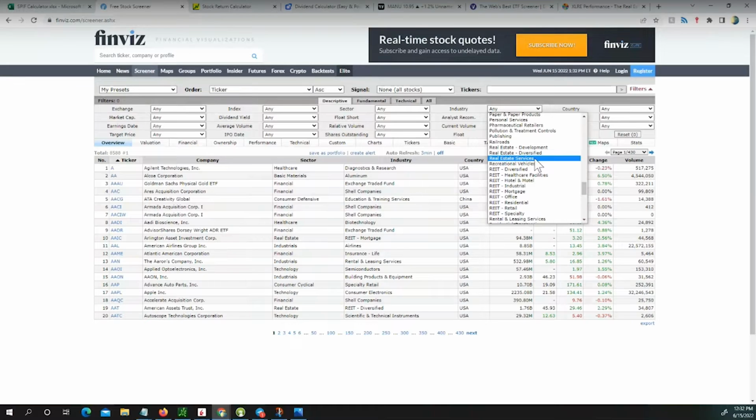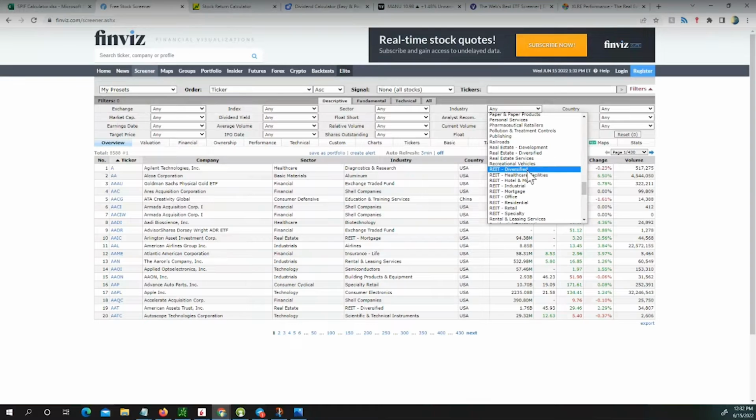But for now, we'll look at REITs, diversified. So they invest in several different kinds of real estate buildings. And when you're looking for these companies, you might want to just do real estate diversified or REIT diversified, and that will give you more of the whole industry in general.